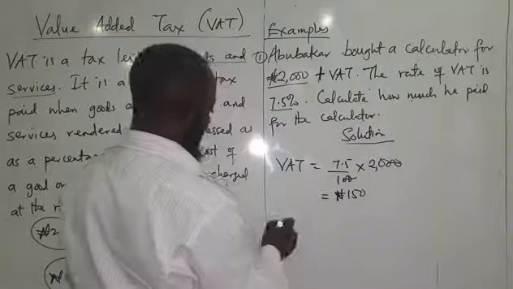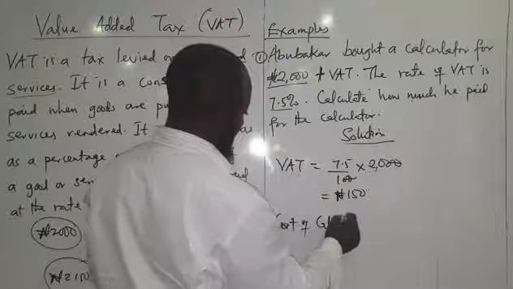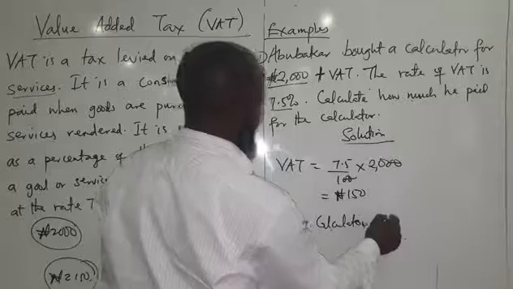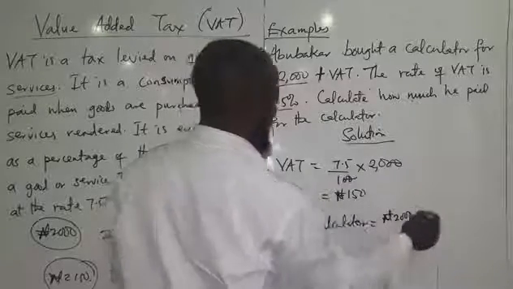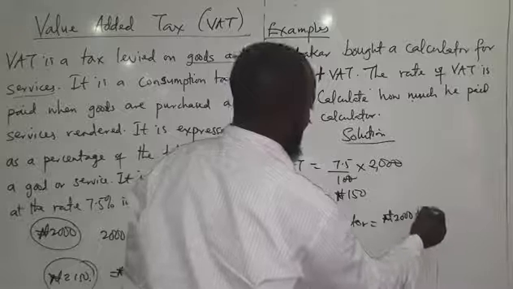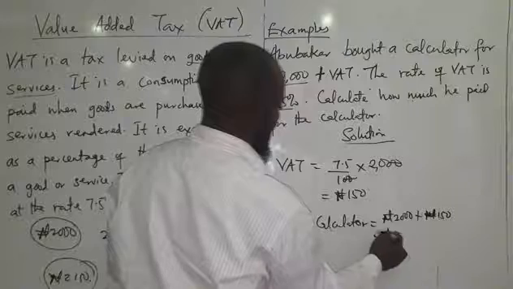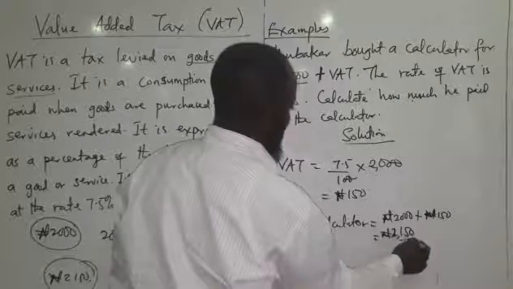Right, so the total cost of the calculator will then be 2,000 naira plus VAT. What's the VAT? 150 naira. So that gives us 2,150 naira.